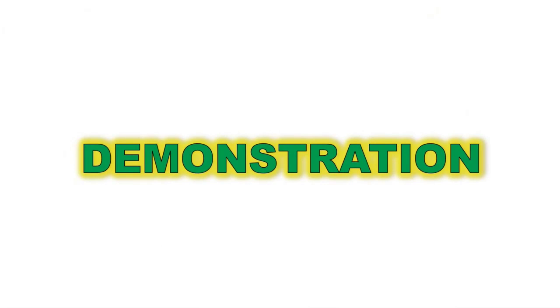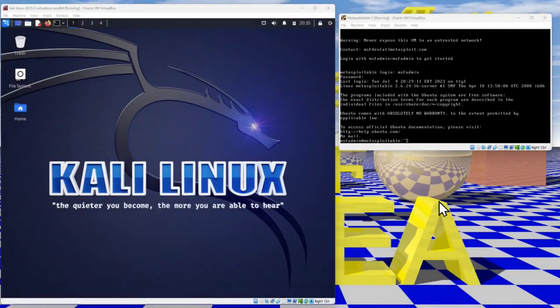Ladies and gentlemen, let me demonstrate how to hack and exploit the Port 21 File Transfer Protocol or FTP. I already logged in to both Kali Linux and Metasploitable using the given username and password I mentioned a while ago.